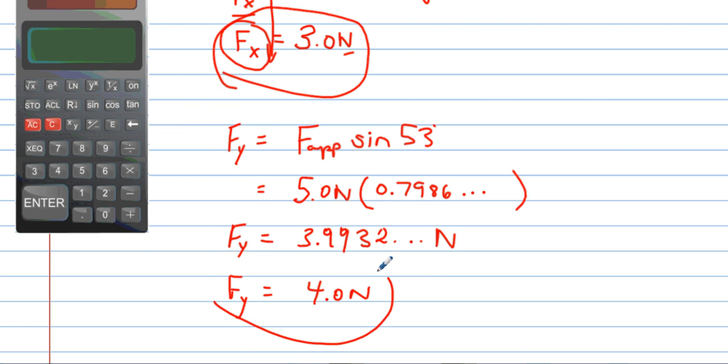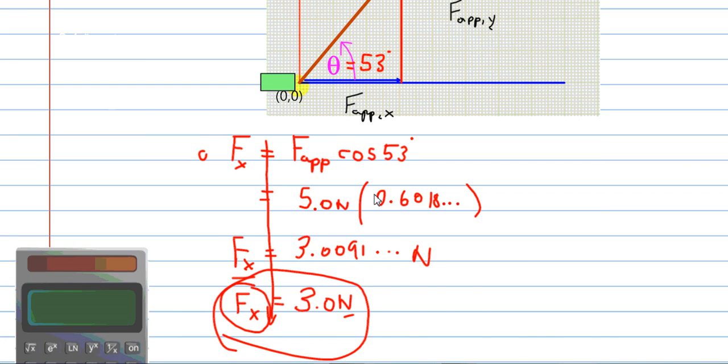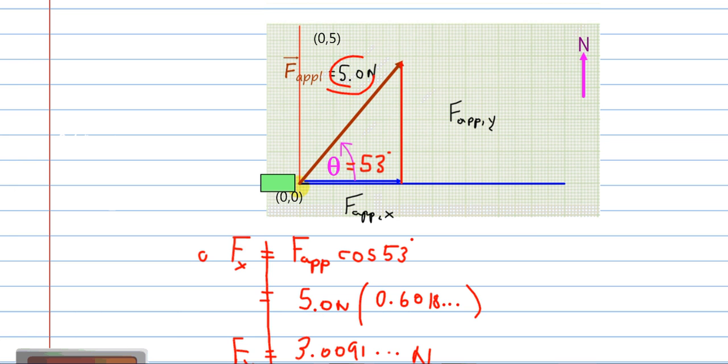So what does this mean? What exactly do these two magnitudes mean? And ultimately, how do they relate to this magnitude? Well, hopefully you gave some thought to the meaning of this particular component in the x direction, 3 newtons and 4 newtons.